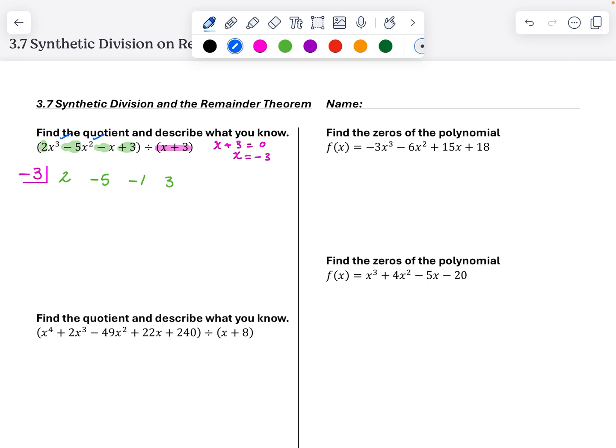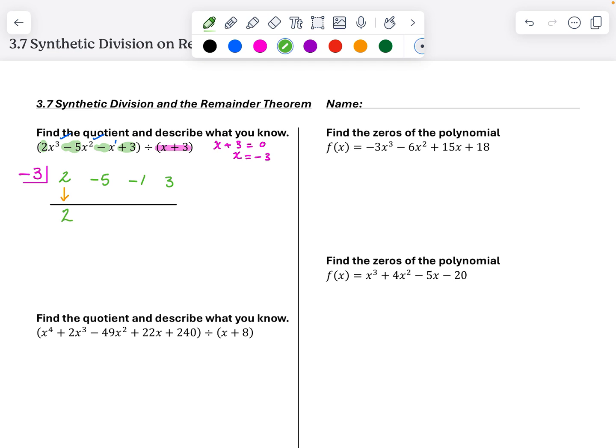We have a third power, a second power, a first power, and no x at all, so we are good. Then I'm going to leave space to write a set of numbers, and then put an equals bar. And the hardest thing for people to remember is the very first number is going to come straight down, so I'm going to write the 2.